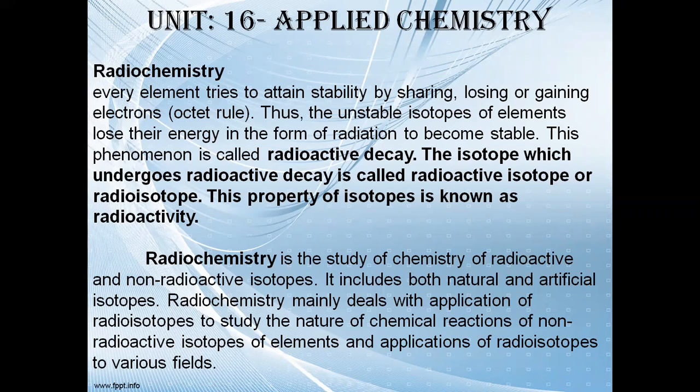This process is called radioactive decay. The isotopes that undergo radioactive decay are called radioactive isotopes or radioisotopes. The property of the isotope is called radioactivity.